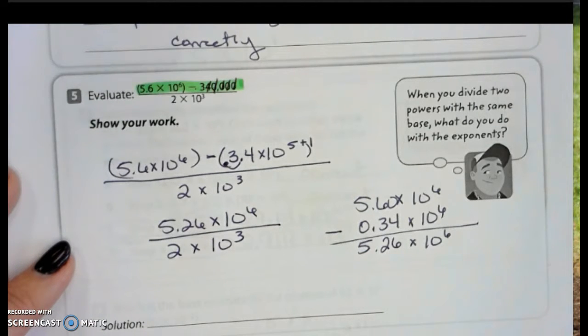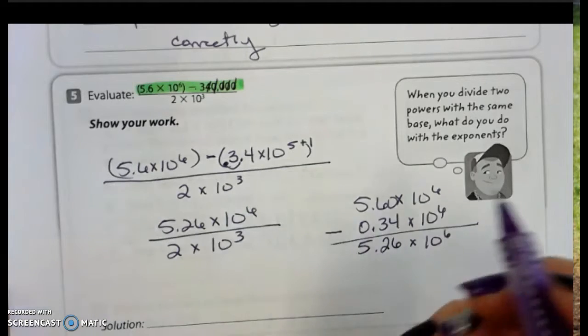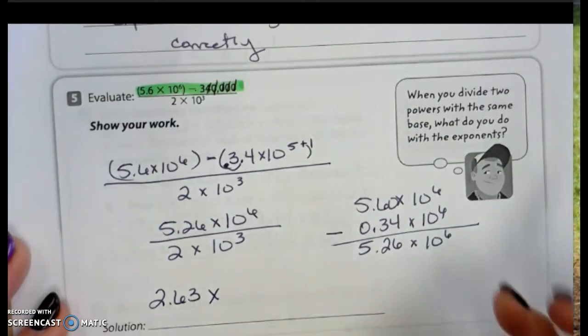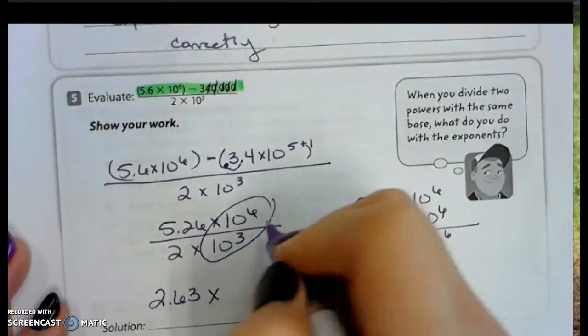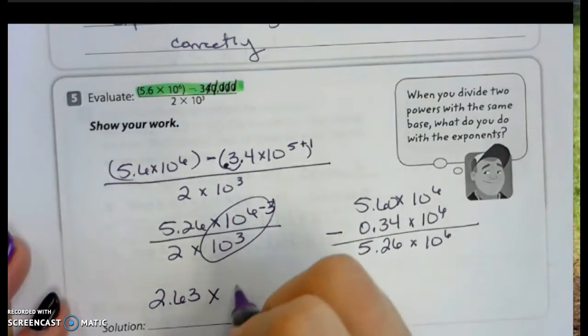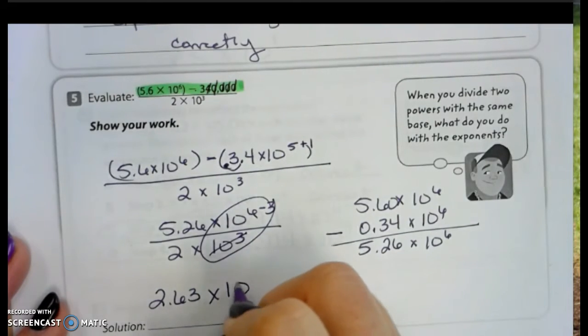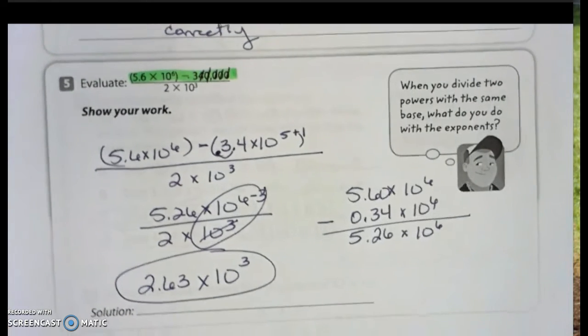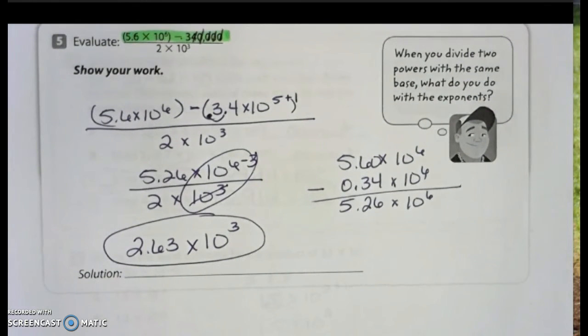Division is easier than subtraction because nothing has to match. I can just divide. 5.26 divided by 2 is 2.63. And my base 10s are also going to combine. I'm going to subtract the 3 from the 6 to give me 10 to the 3rd. Final answer, 2.63 times 10 to the 3rd.